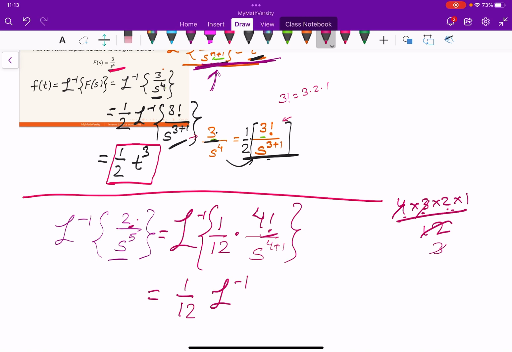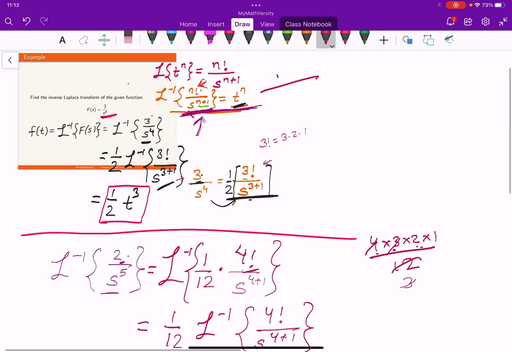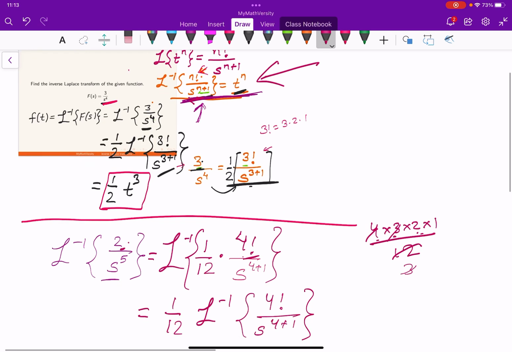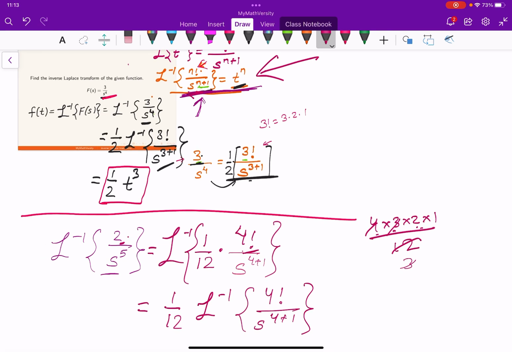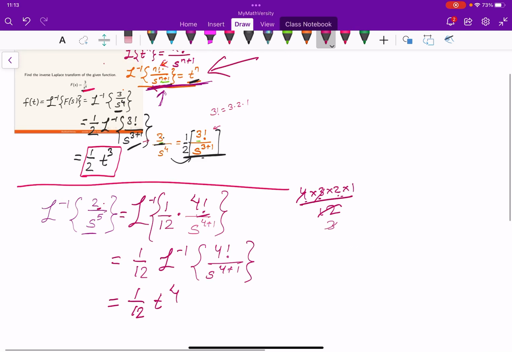I just need to find the inverse Laplace transform of 4 factorial over s to the power 4 plus 1, which if you compare with this formula, you get the value of n exactly matching. The top is matching, the bottom is matching for n equal to 4. So this should be 1 over 12 t to the power 4, the inverse Laplace transform of 2 over s to the power 5.